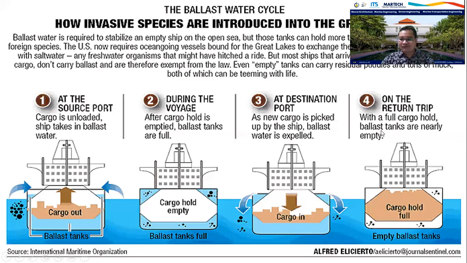On the return trip with a full cargo, the ballast tanks are nearly empty, because the cargo hold is already full and the ballast water has already been discharged. So that's why it is very important to treat the ballast water before discharging. Okay.